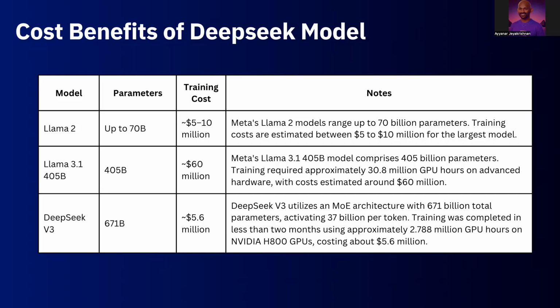They used a mixture of experts, and at any given point around 37 billion parameters get activated, and training was completed in less than 2 months. It is 15x fewer GPU hours, and not on the latest hardware. It is on NVIDIA H800 GPUs and cost 5.6 million, almost 11x less than Llama 3.1 405 billion.